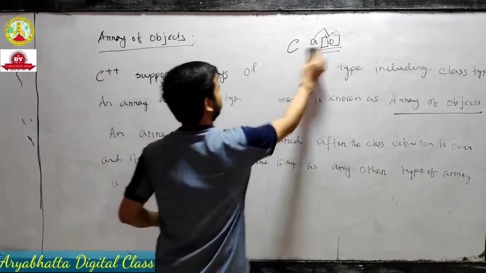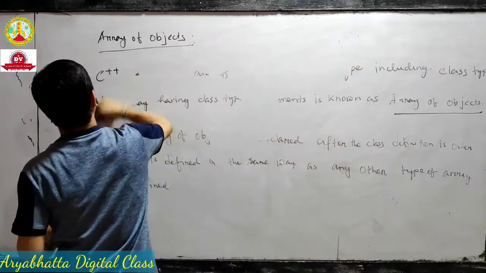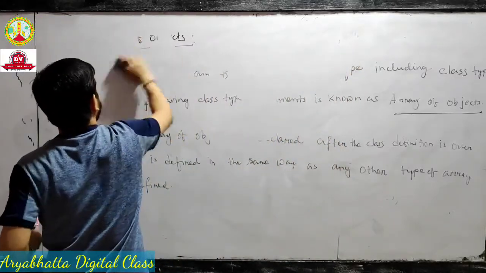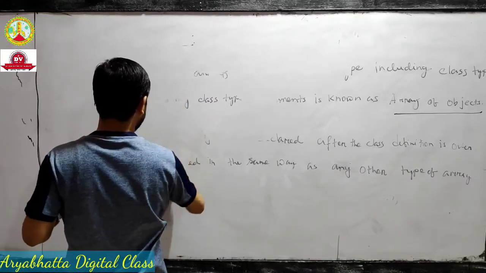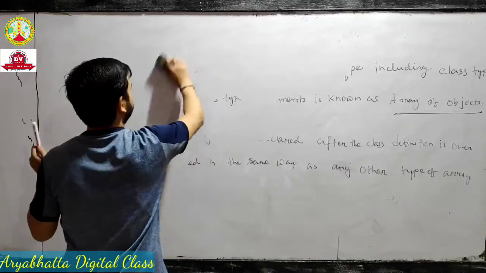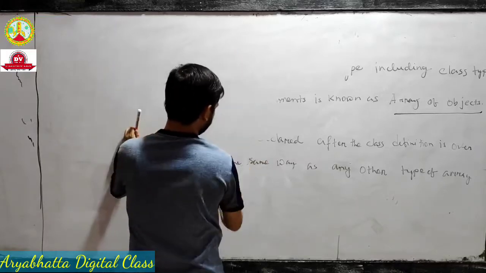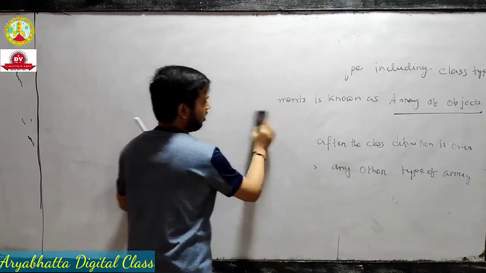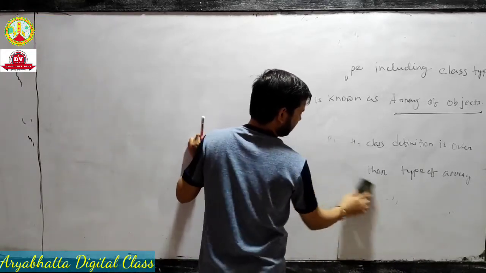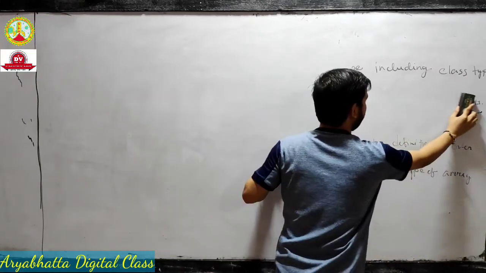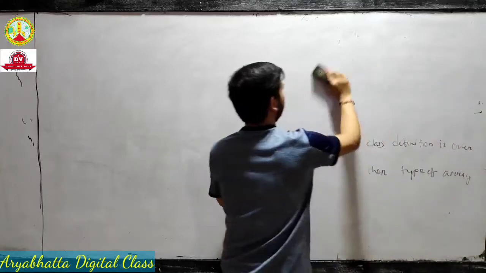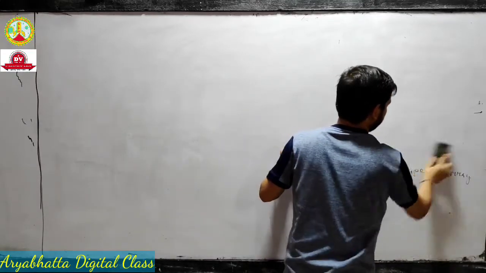We do a program, then you will clearly understand. Previously we already did an array of objects program, but this is the main concept. Array of objects is nothing but the object declared via an array.